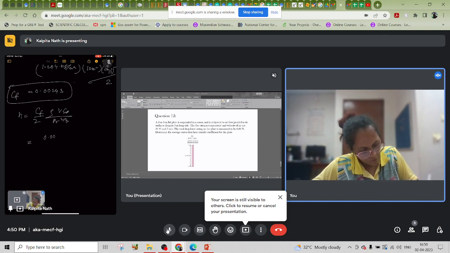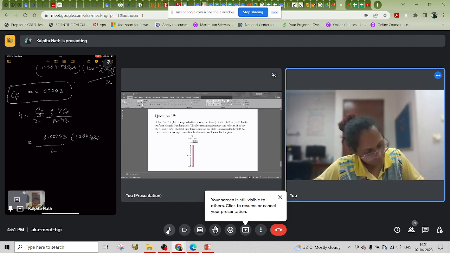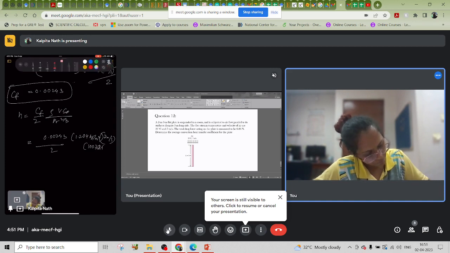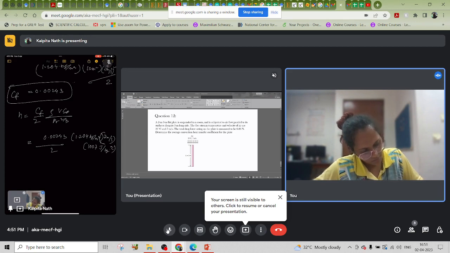So 0.00243 upon 2, times 1.204 kg per meter cube, times 7 meter per second, times 1007 joule per kg degree Celsius, upon 0.7309 to the power 2 by 3.